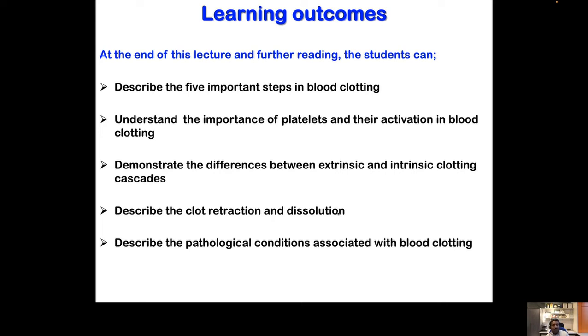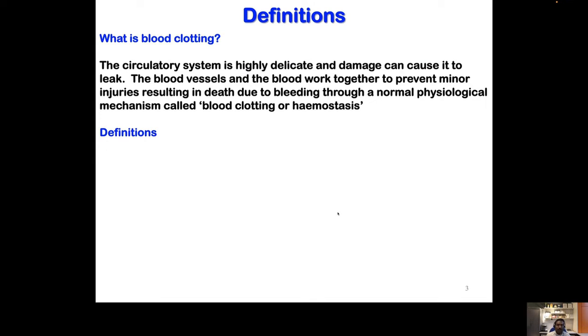Then you should be able to demonstrate the differences between the extrinsic and intrinsic clotting cascades, describe what clot retraction and clot dissolution are, and describe the pathological conditions associated with blood clotting, because these are important as pharmacy students.